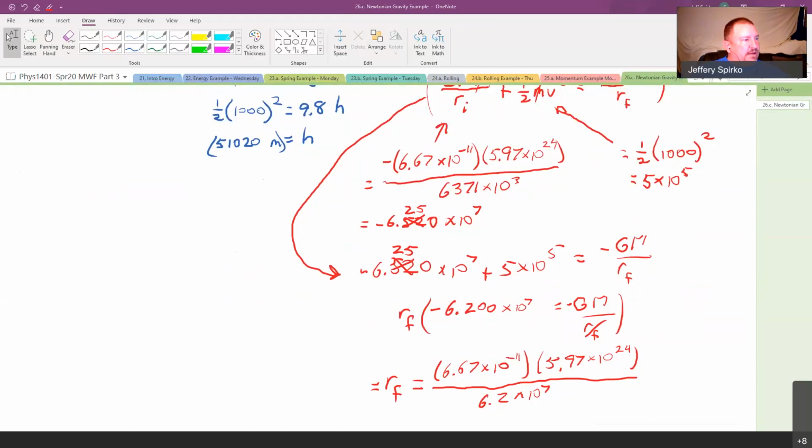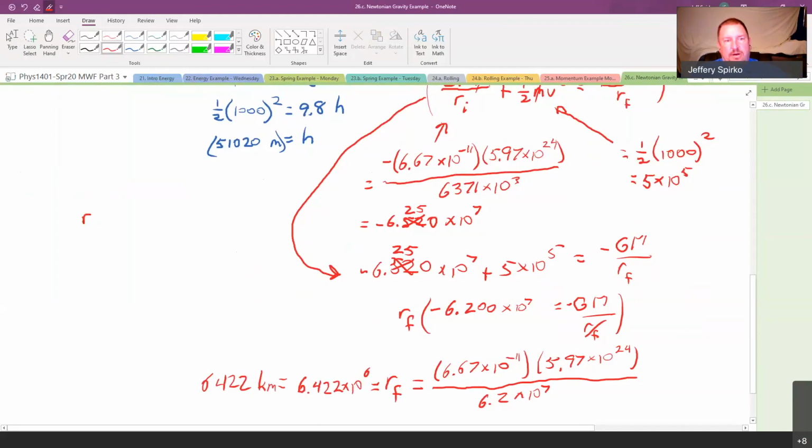6.422. Let me increase that a little bit. So 6.422 times 10 to the 6th. That is 6422 kilometers.